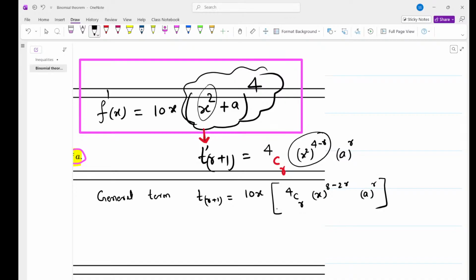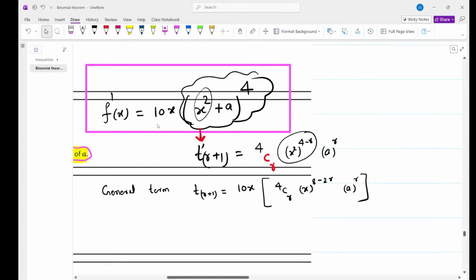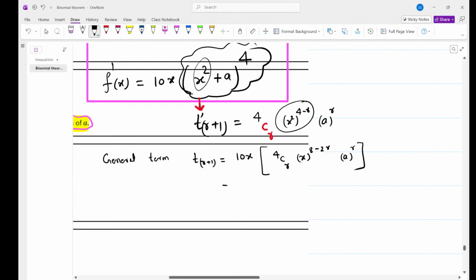What should we do now? Multiply. Please lead. So we will simplify this a little bit. So it will be 4C r x raised to power, you have to simplify the net power on x. So this is the one here also, so it will get added. So it will be 9 minus 2r, a raised to power r, and then 10 once more. This 10, or you can write this 10 in the beginning also, as per normal tradition.